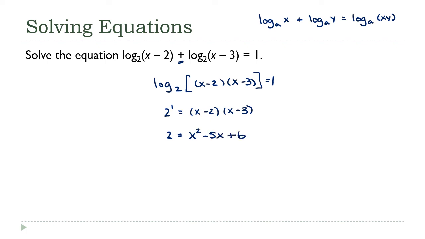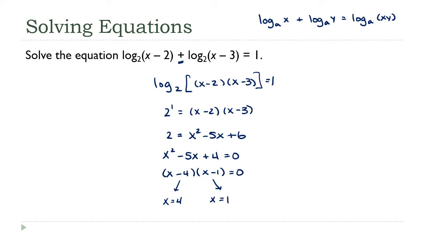Let's set it equal to 0, subtract 2 from both sides. x squared minus 5x plus 4 equals 0. And now I can factor it. This is (x minus 4) times (x minus 1) equals 0. And we get two answers. This factor gives me x equals 4, and this factor gives me x equals 1.